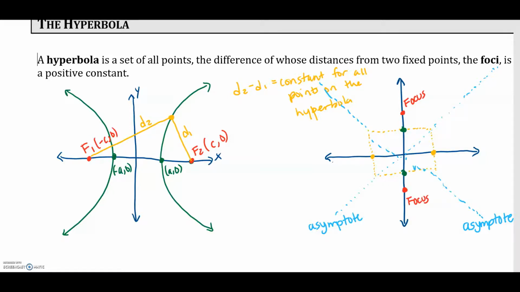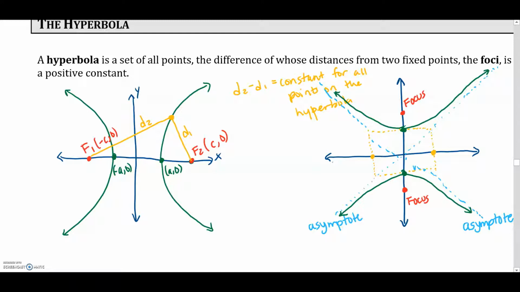So now it's time to draw our hyperbola. The hyperbola will get arbitrarily close to our asymptote, go through the vertex, and we have two portions of the hyperbola, one above the x-axis and one below the x-axis.